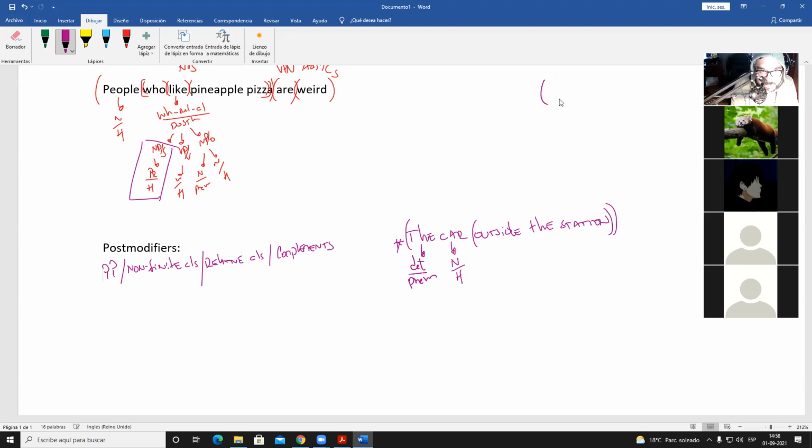Let's remember that we separate phrases by using round brackets, and we separate clauses by using square brackets. Therefore, outside the station is a prepositional phrase. The question is, is this obligatory or optional? That is to say, can I erase it or not? Well, with this context, I don't know that. So I'm going to go for the post modifier, but it can be obligatory. If I can't erase it, it will be a complement.